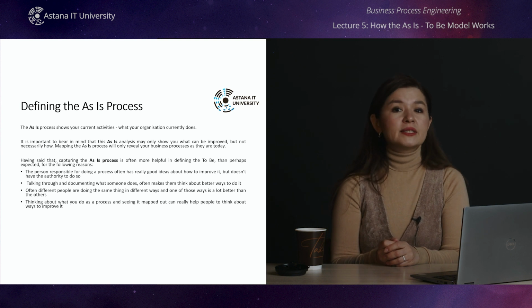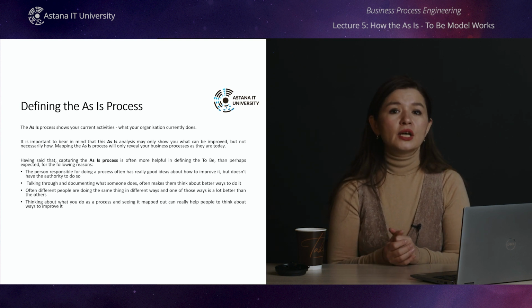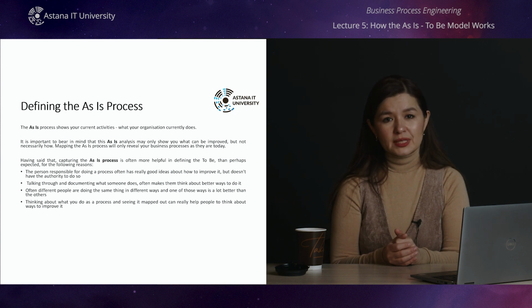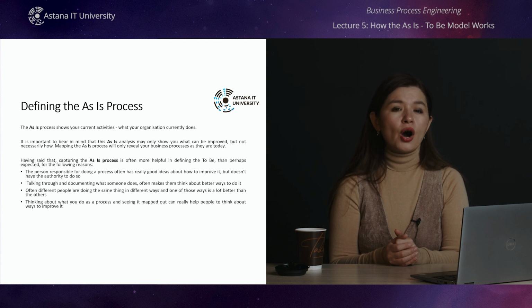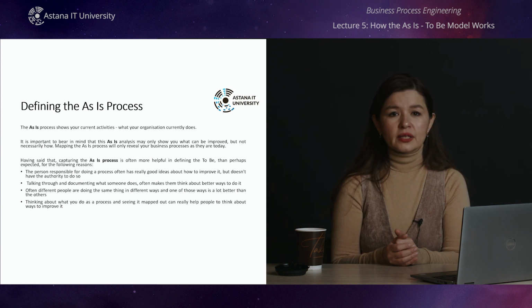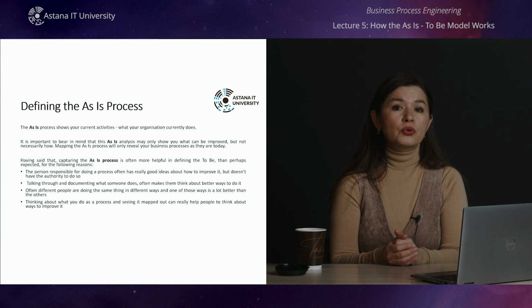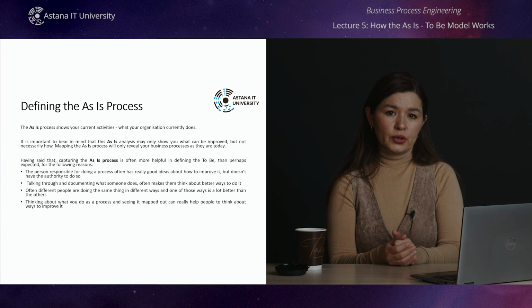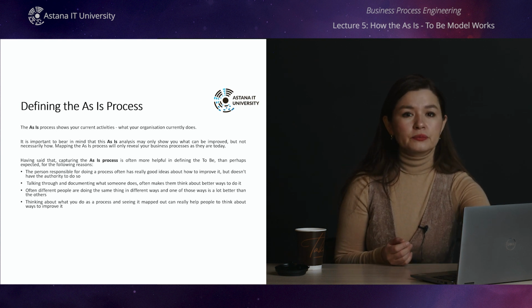However, they might lack the authority to implement these changes. By capturing the as-is processes, organizations tap into first-hand knowledge of those directly involved, uncovering potential improvements suggested by the individuals closest to the operational aspects.